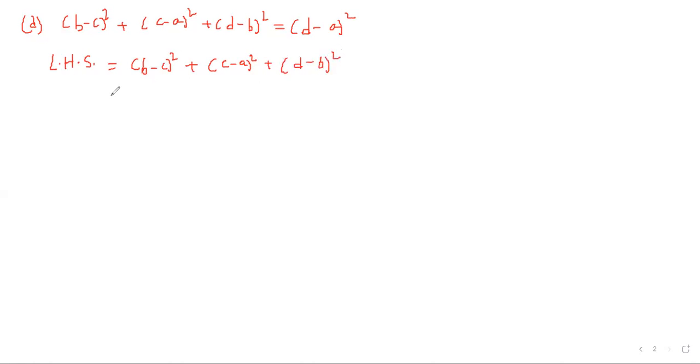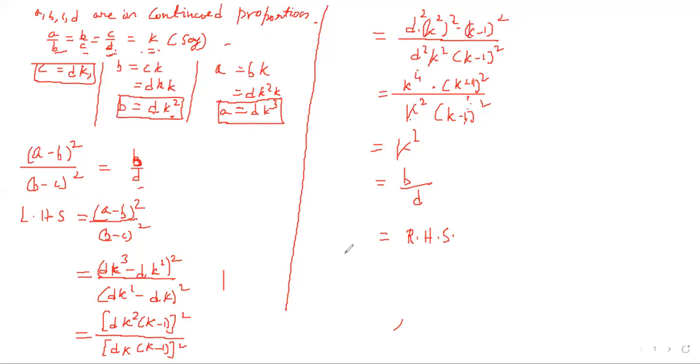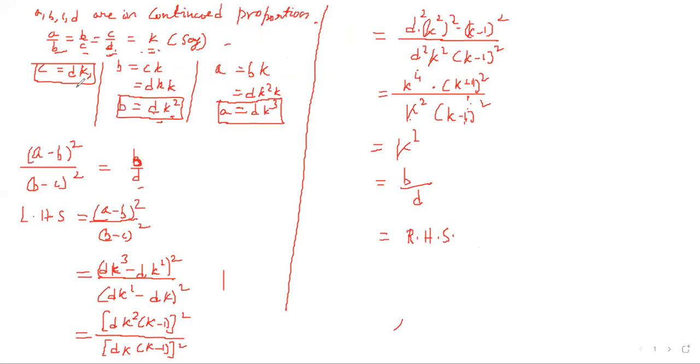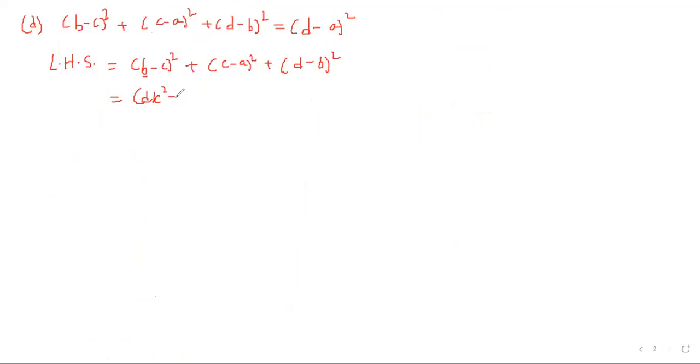Now B equals DK square. So we use B equals DK square minus C, C equals DK. So we use DK, bracket whole square, plus C, DK, minus A, DK cube, whole square, plus D, D only, minus B, DK square, whole square equals, inside the bracket, first take common.